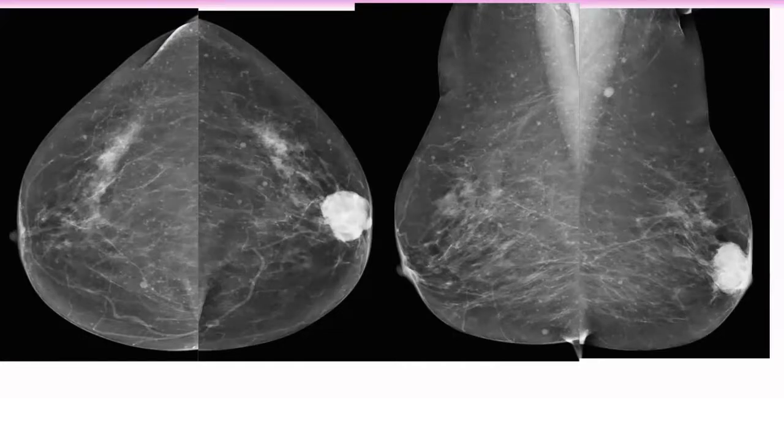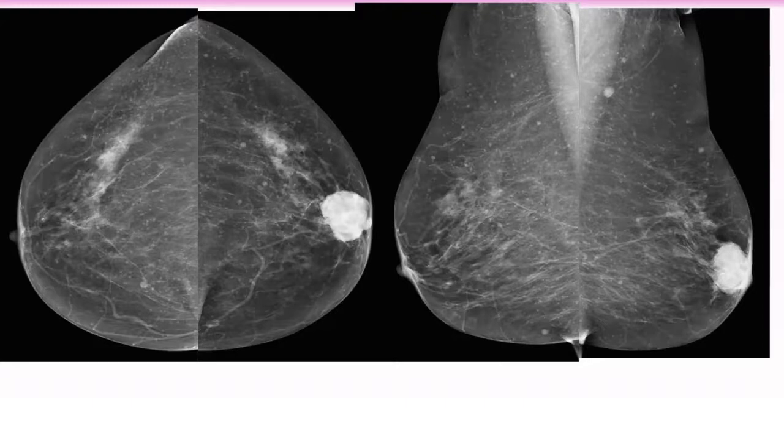You mentioned the density, high density. What about the morphology? Is it a regular or irregular mass? It's a regular rounded mass with a partially indistinct posterior border. Indistinct only? And spiculation?